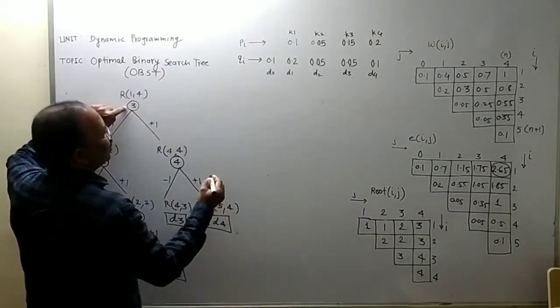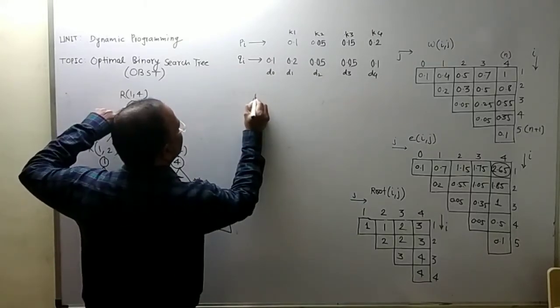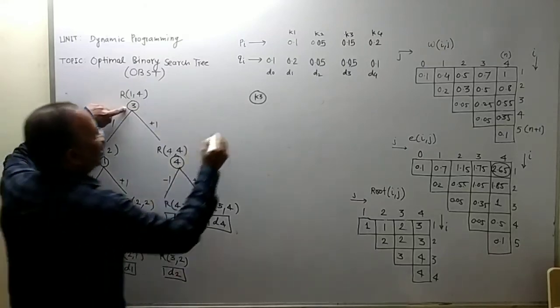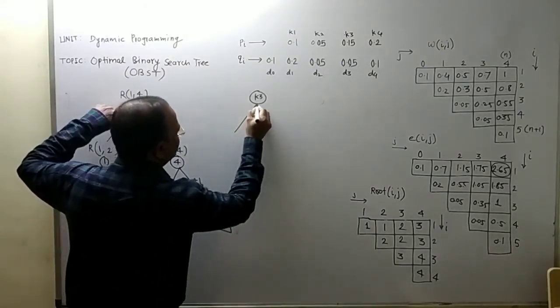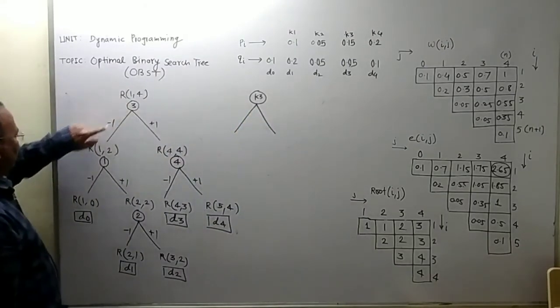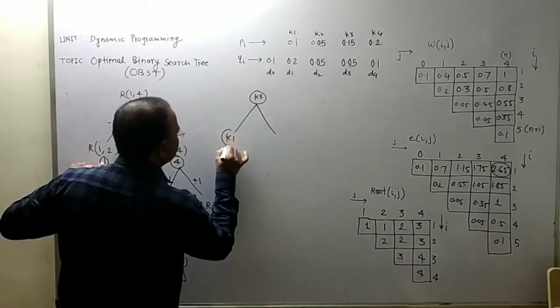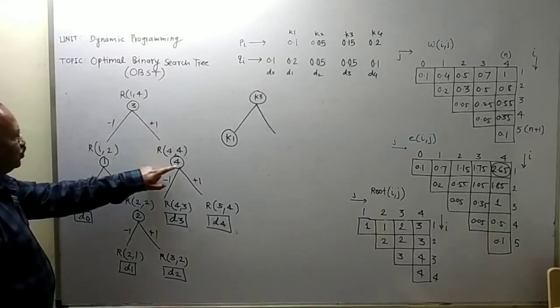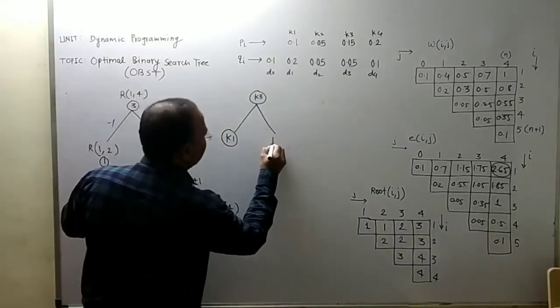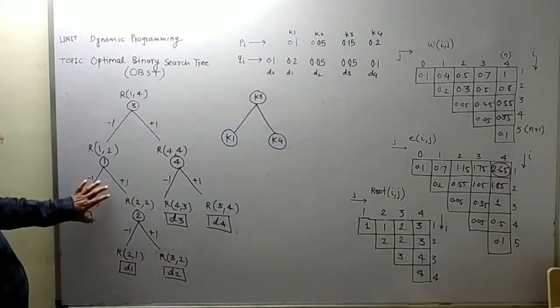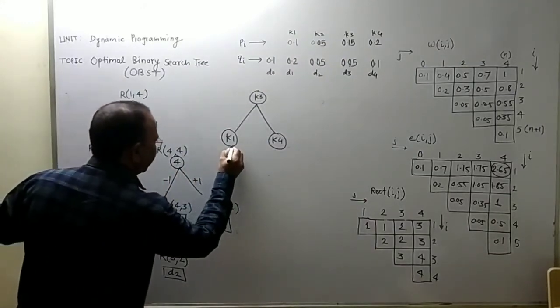This is 3, which means we have K3, having two children, left and right. This is 1, so we have the K1 node. This is 4, so we have the K4 key, an actual key. Now expand this K1.